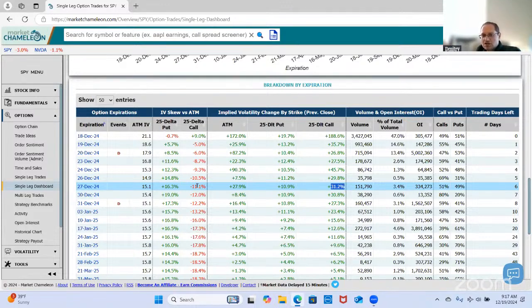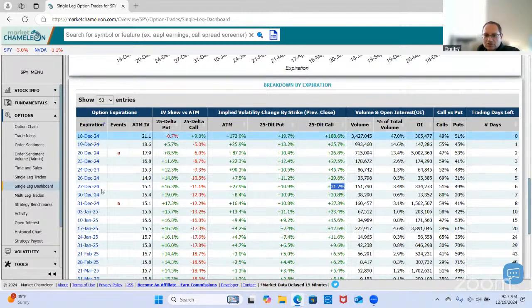Okay, so the whole line jumped, right? The at the money went up. The 25 delta puts went up. The 25 delta calls went up. So the whole line went up, but it looks like it went up a little bit higher towards the calls. So let's see how that looks.